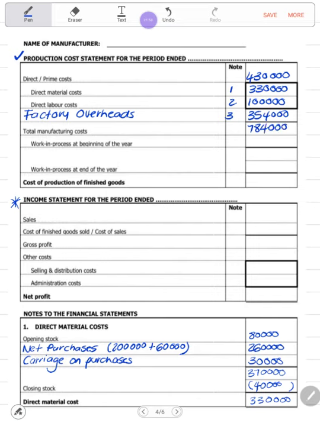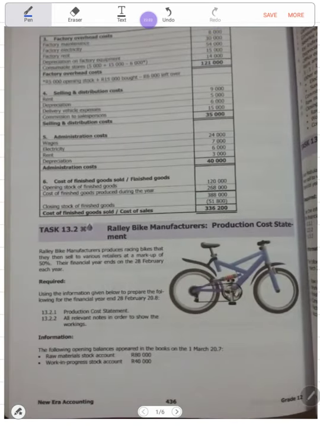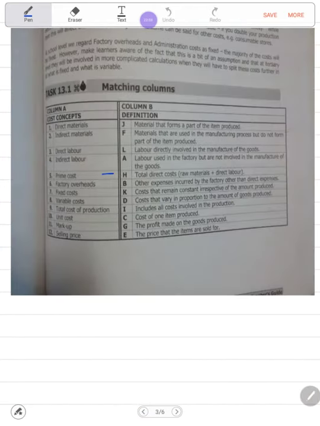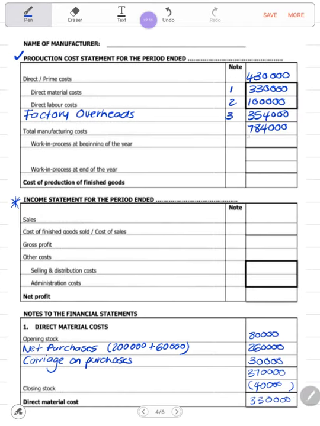And then remember work in progress at the beginning of the year. They have given us that in the information. That's our opening balances. So that was 40,000. Okay, and if we add these two up, we should get a total of 824,000.